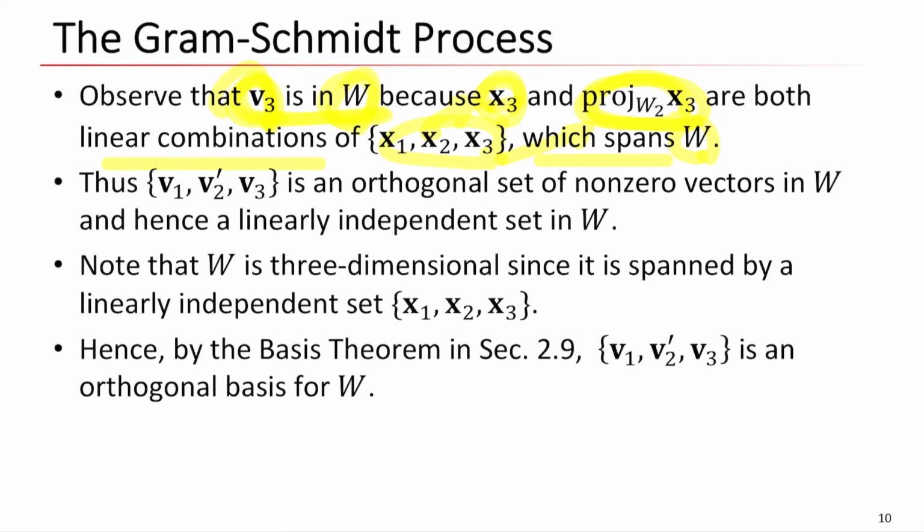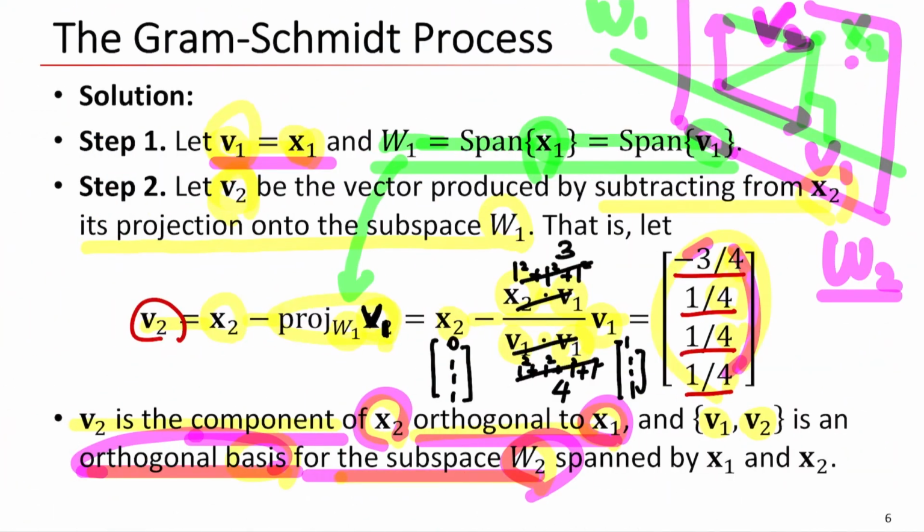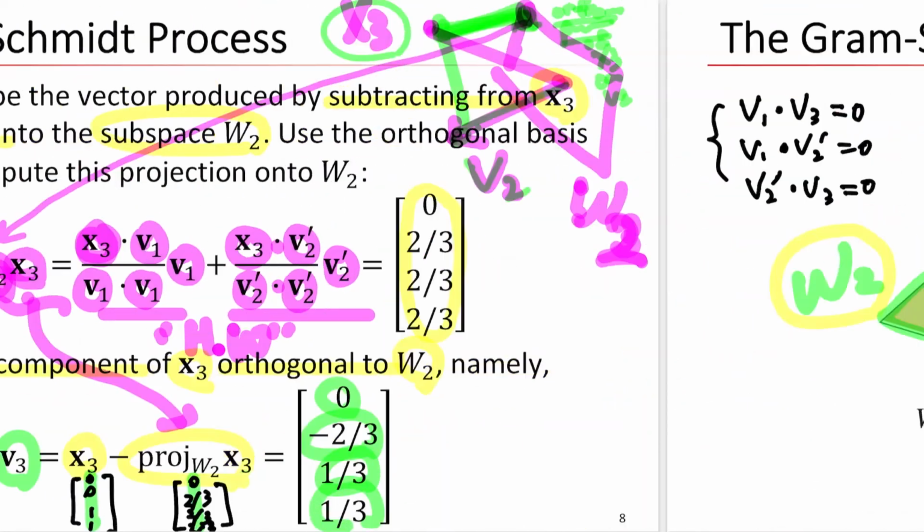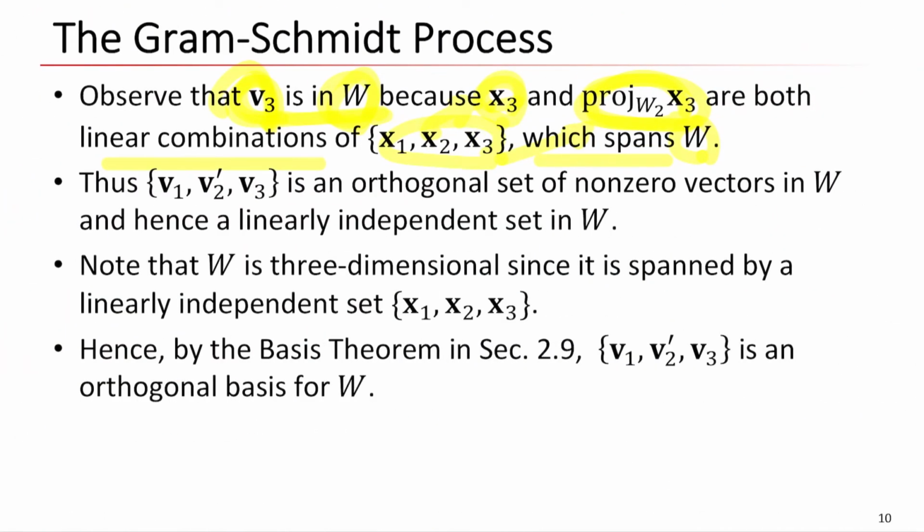So the question was to find the orthogonal basis for the W space. Now we proved V3 is also in W space, right? Thus, V1, V2, and V3 is an orthogonal set of non-zero vectors in W, right?